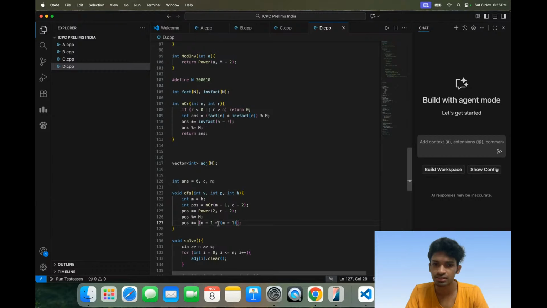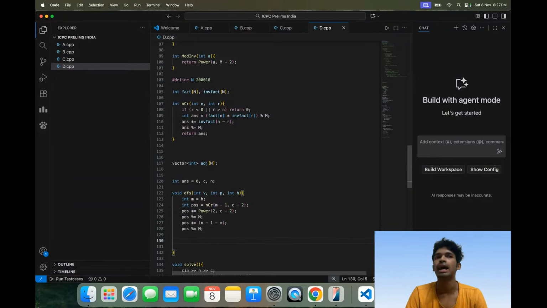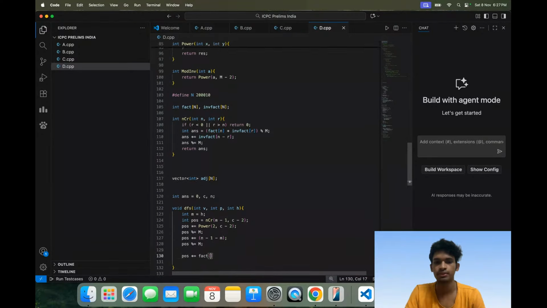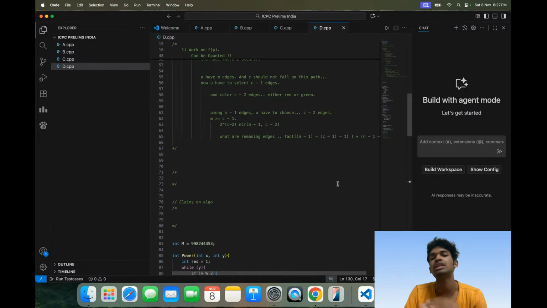So total edges minus edges on the path, remaining edges. Was remainder equals to m. So now you can refactor everything as you like. Factorial of n minus 1 minus c minus 1 minus 1. Now c edges are colored.